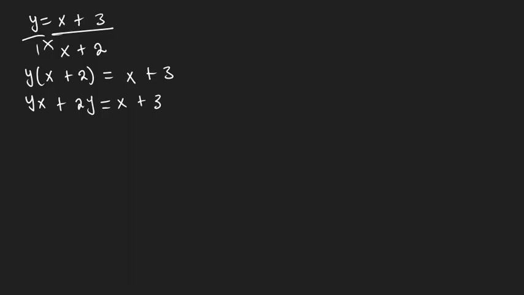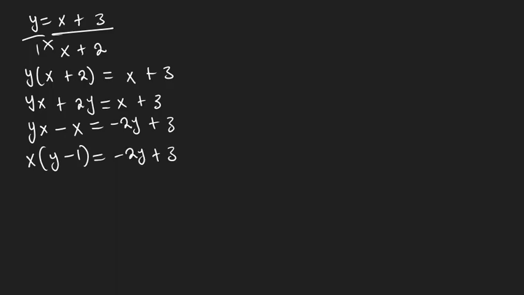And then I want to make x the subject, so I'm going to get all the x terms to the left-hand side, and my -2y on the other side, plus 3. Then I can factor out x. I'm going to have y minus 1, and on the other side this is going to be -2y plus 3, all over y minus 1.